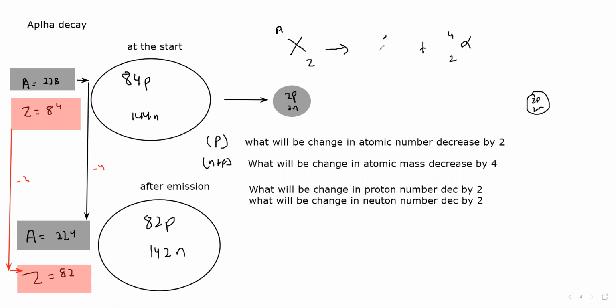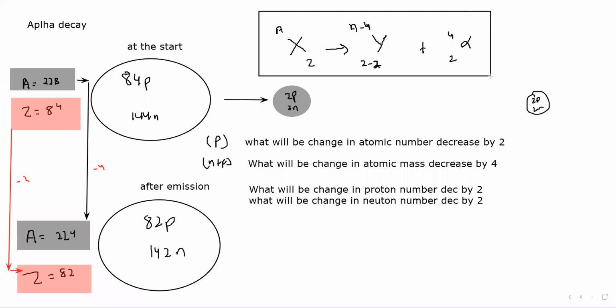Because the atomic number changes, the whole element will change. A will be -4 and Z will be -2. Is it clear? Atomic mass decreases by 4 and atomic number decreases by 2. That is the general equation for any kind of alpha decay.